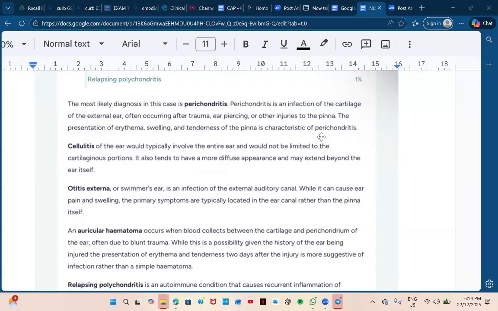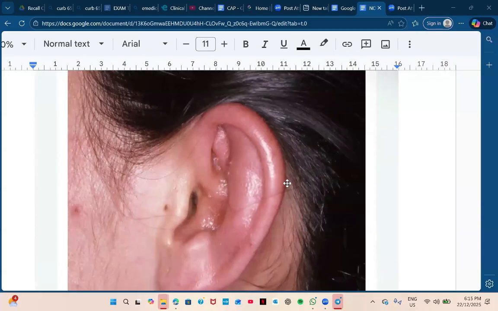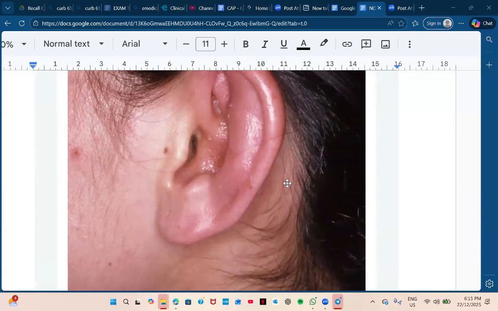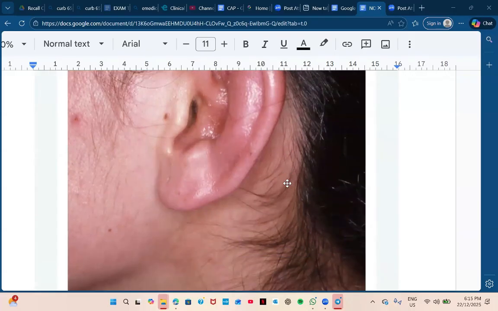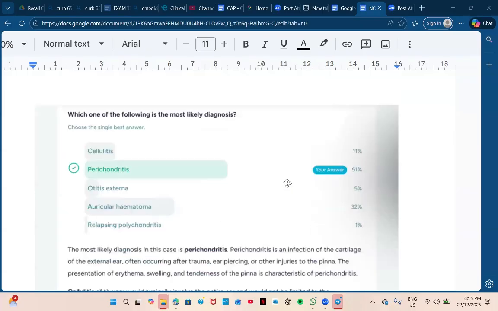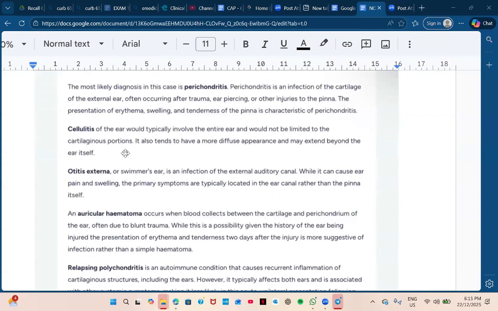Okay, how these things happen. So this is the area of pinna, right? So please remember this picture. This is from eMedici.